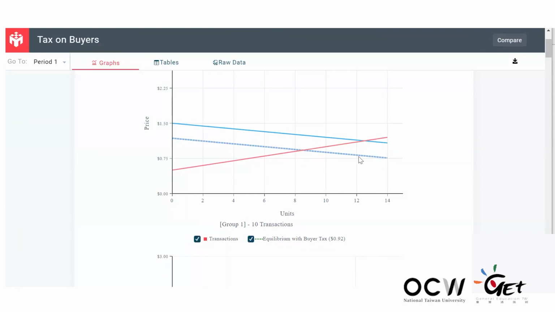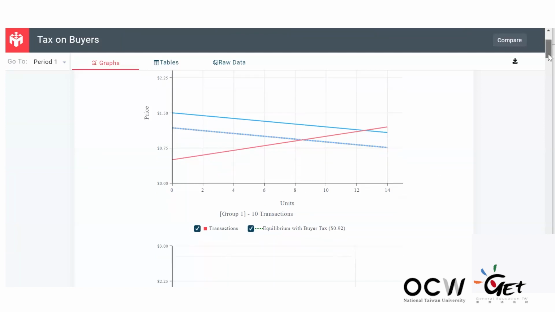Initially, for this quantity demanded, your willingness to pay is $1, but now because you need to pay 32 cents for tax, for the same quantity demanded, you're only willing to pay the seller 68 cents. So you're shifting the demand curve down by exactly the amount of the tax. And the equilibrium price with the buyer's tax is 92 cents. The equilibrium quantity is 9.